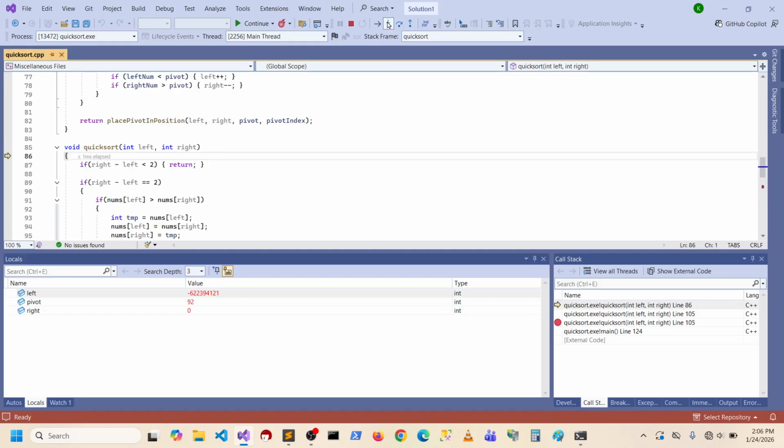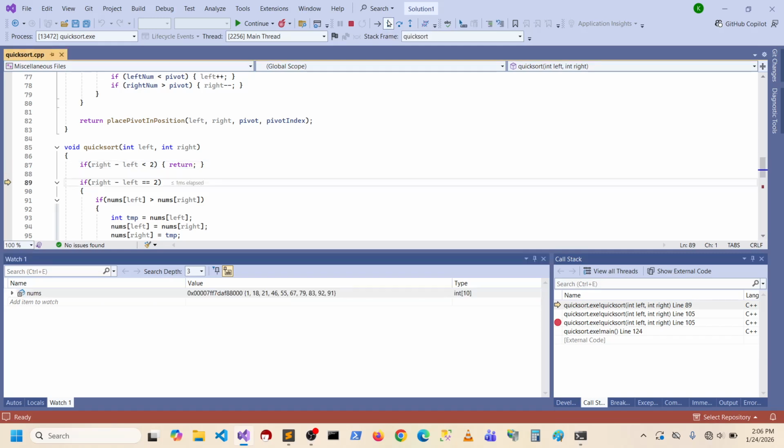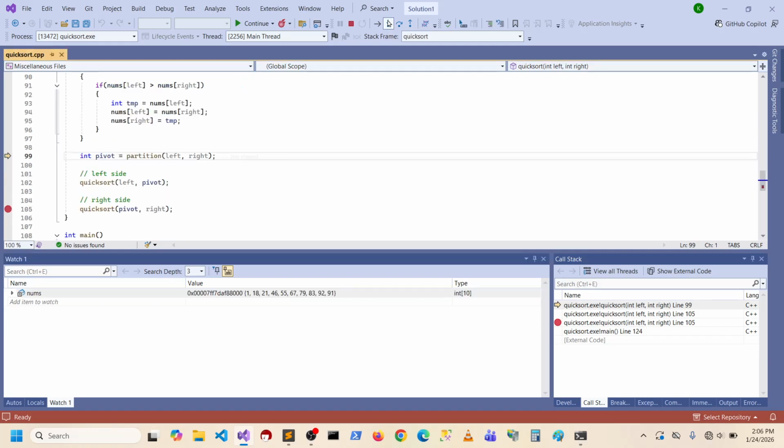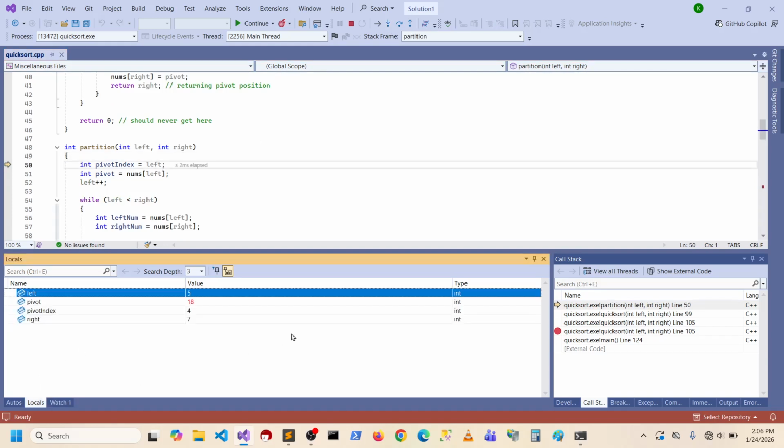Oh, man. So that equals 2. So pivot is 21. Partition left and right. Just 5 and 7.